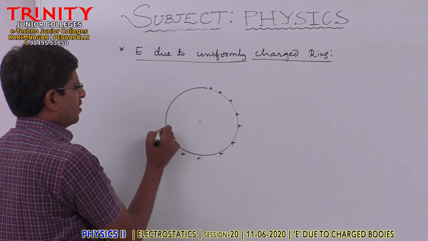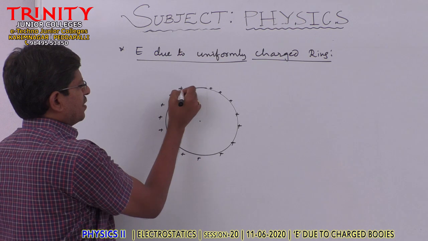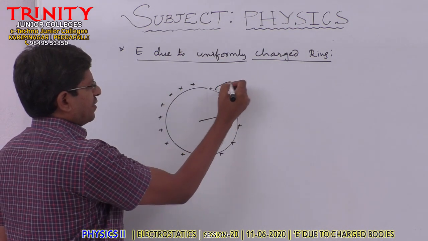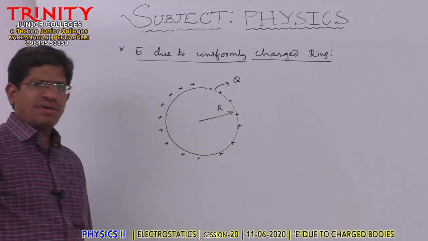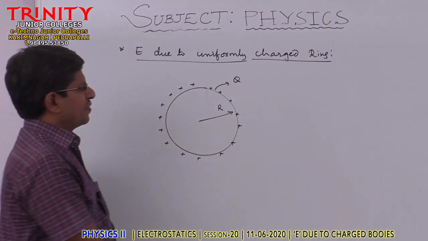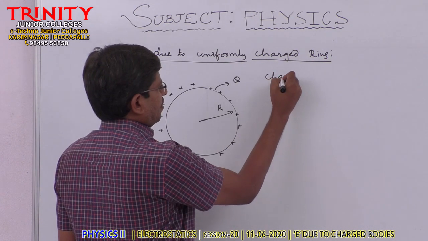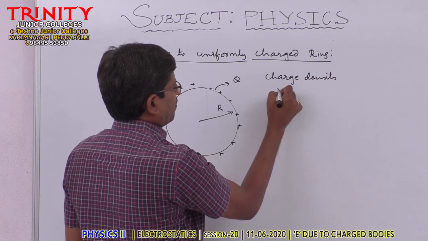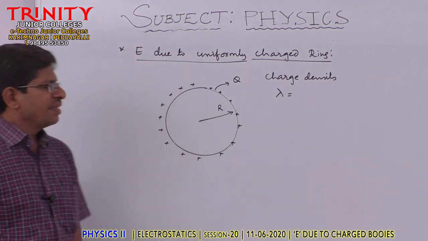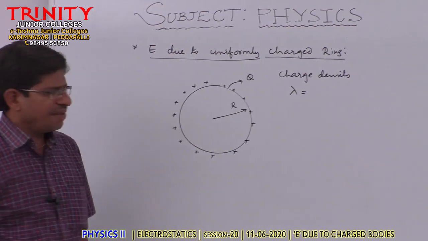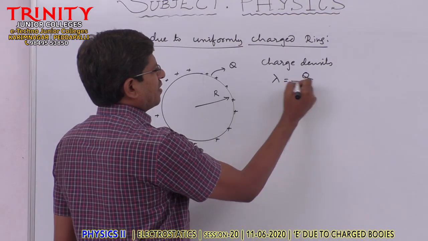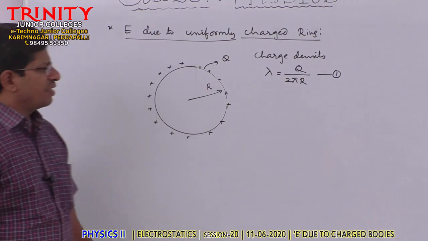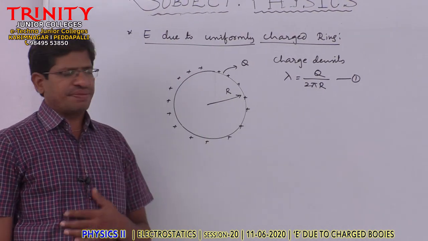Let us define the physical quantities: the radius is r, the total charge is q, and we define the charge density, linear charge density lambda, because this is on the circumference. That is q divided by the circumference, 2 pi r. This is the physicality of the charged ring.